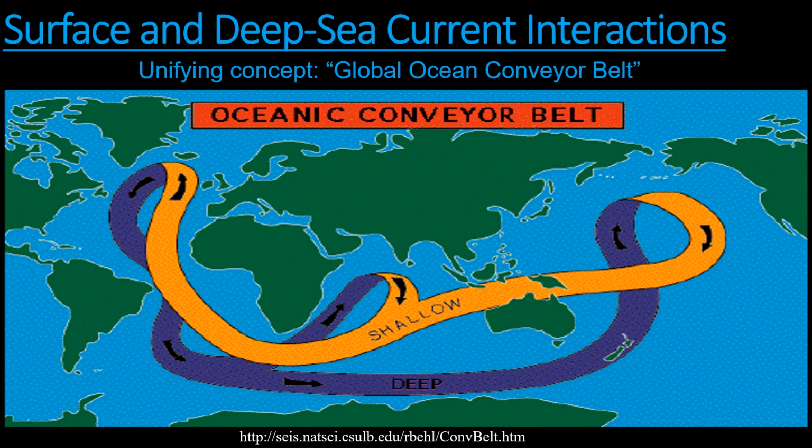And so that higher density cold water is going to be forming our deep ocean currents, while that warmer, less dense water will be forming our shallow ocean currents.